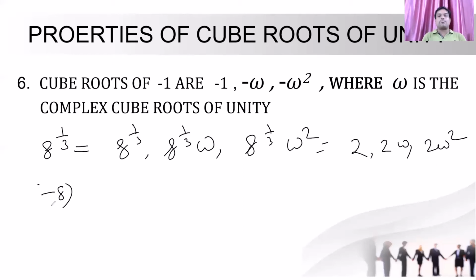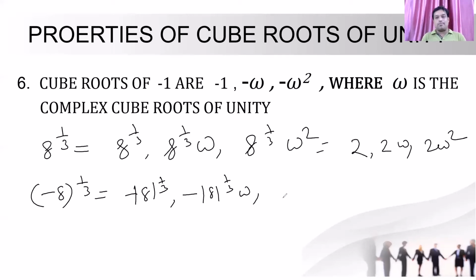Similarly, I want to find minus 8 to the power 1 by 3. It will be minus 8 to the power 1 by 3, minus 8 to the power 1 by 3 omega, minus 8 to the power 1 by 3 omega squared.